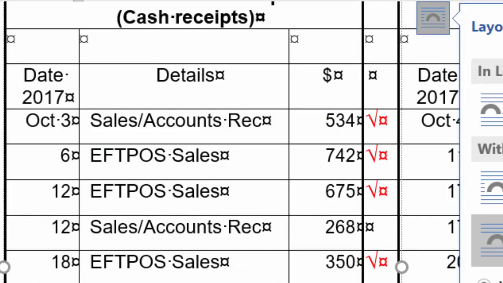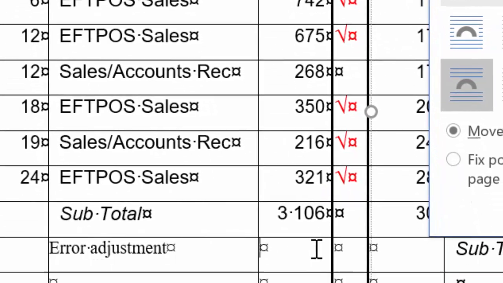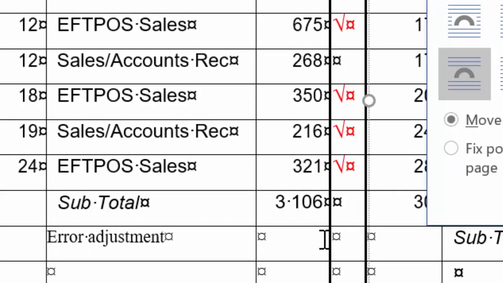I can do that two ways. I can put the error adjustment, and the difference between the 286 and the 268 is $14. So I can put $14 in here. I'll justify that to the left.